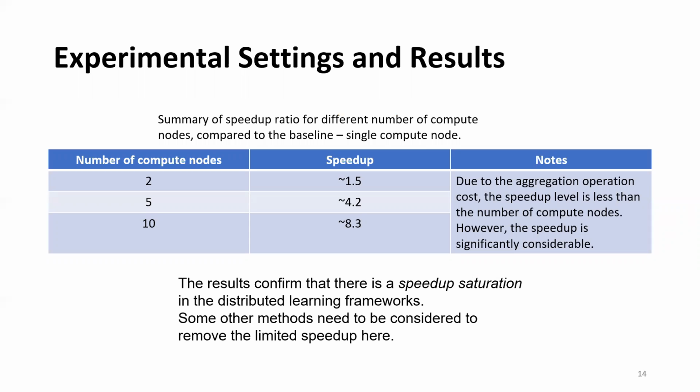So it made the speedup less than the number of computers. And the results confirm that there is speedup saturation in distributed learning frameworks. And in practice, some other methods need to be considered to remove the limited speedup here. I mean, we want to increase the upper bound of the speedup saturation.